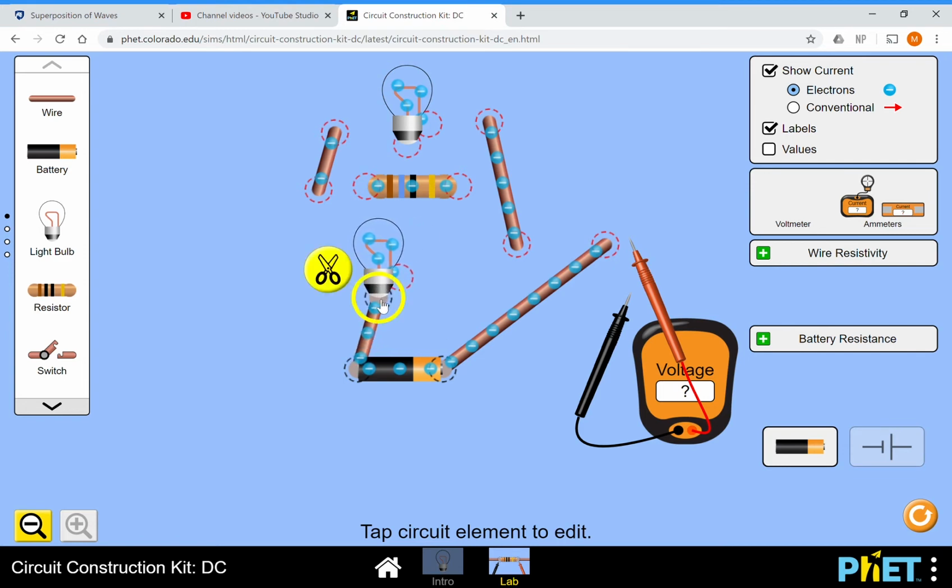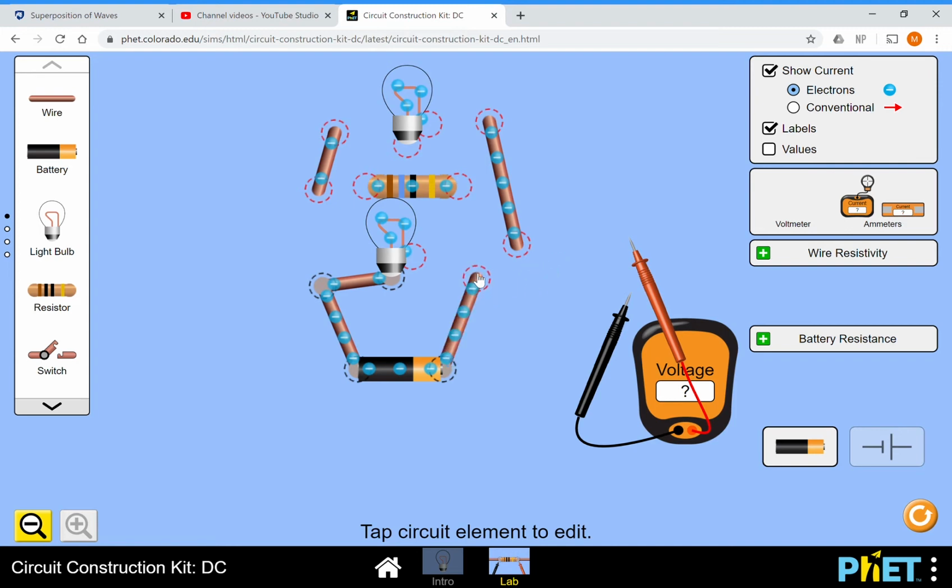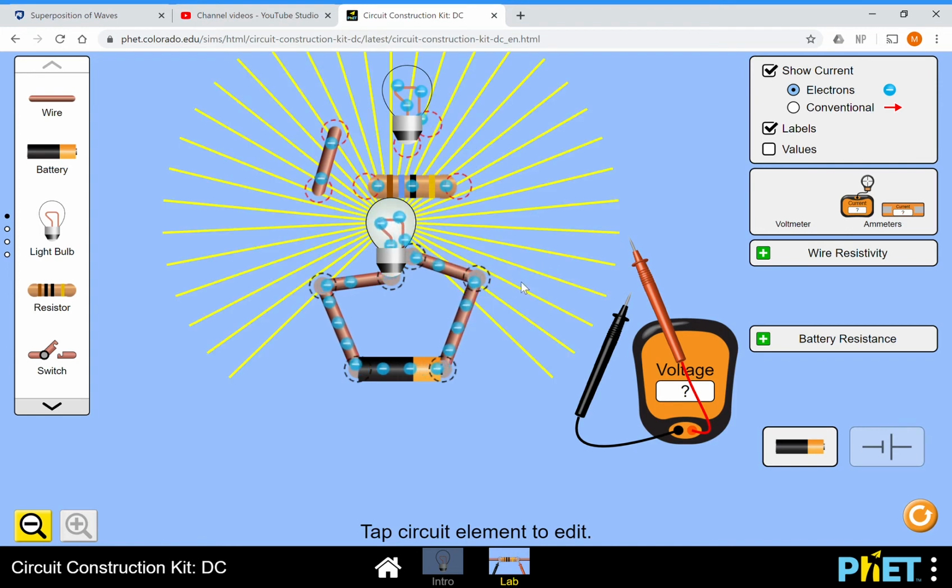Actually, let me break that. I'm going to use more wire, since I'm not limited by wire here, just to illustrate it a little differently. I'm going to take this wire, stick it here, and that wire there. So there's one light connected by itself so far.